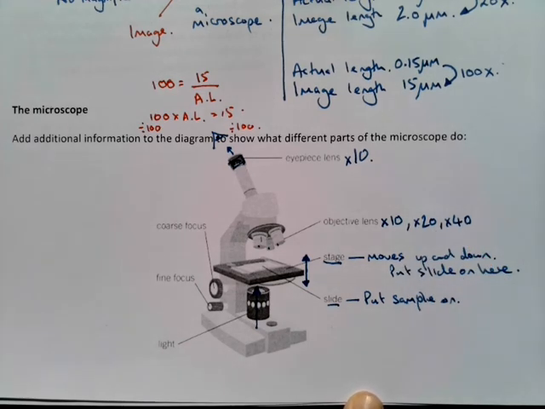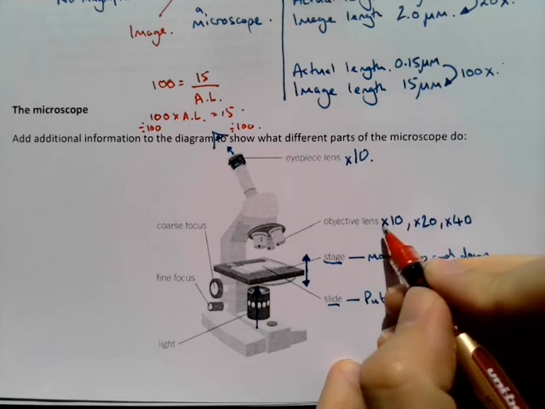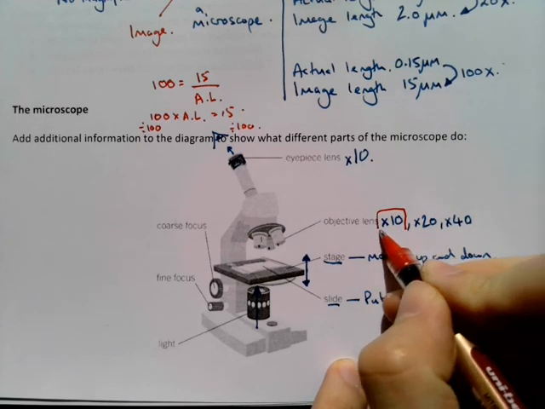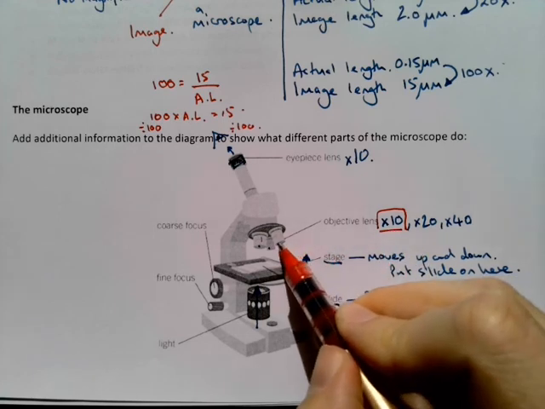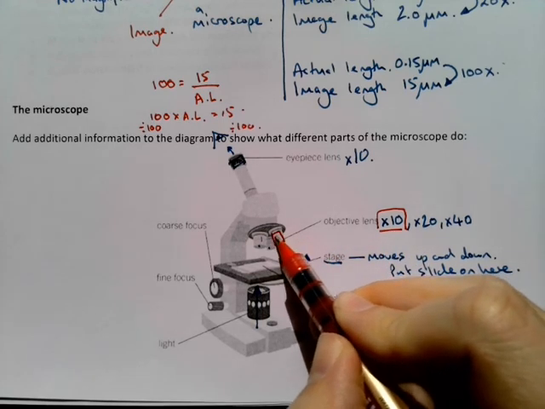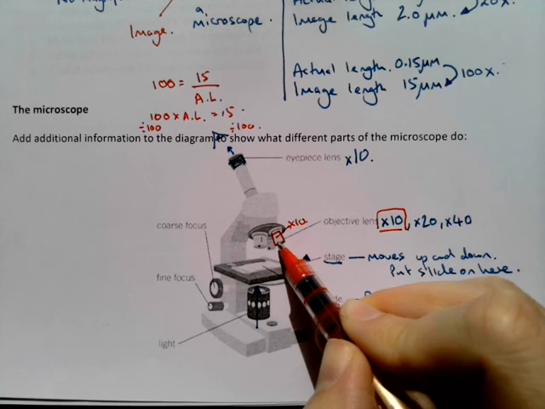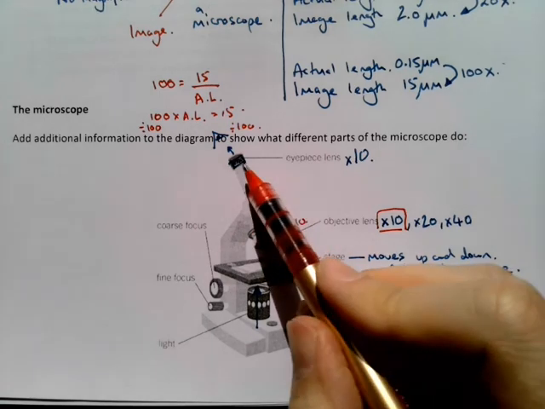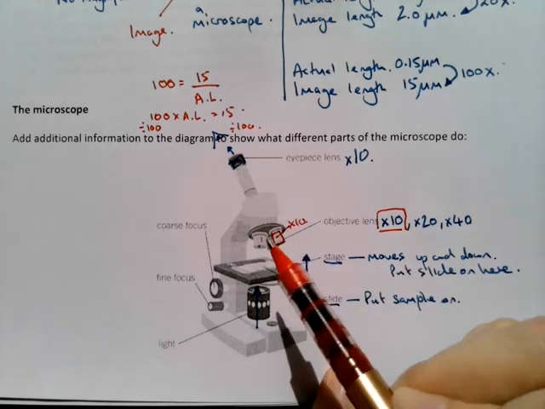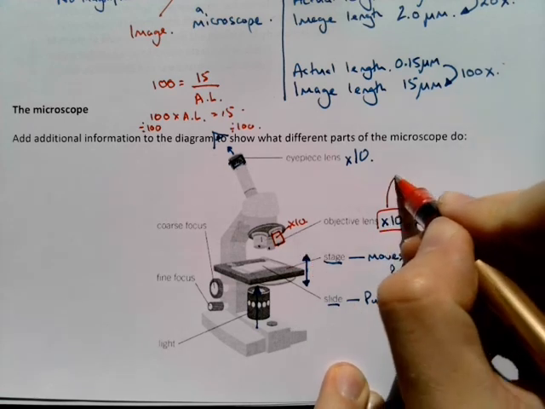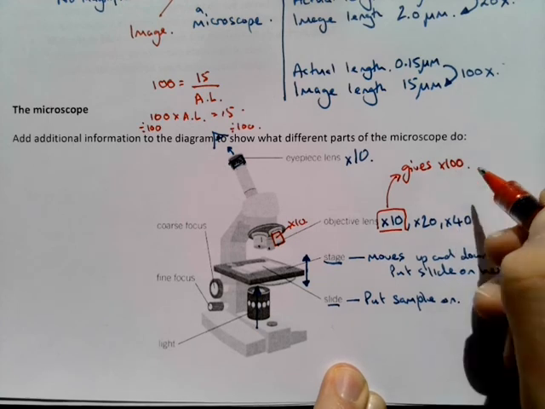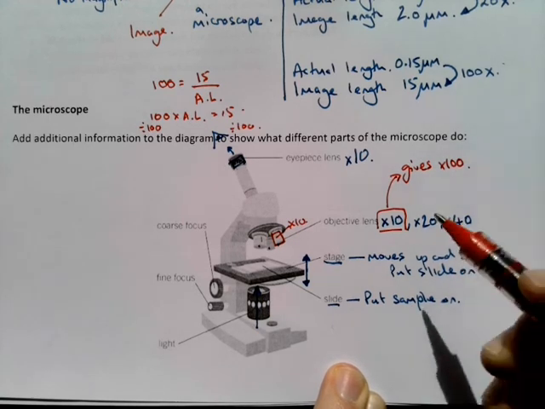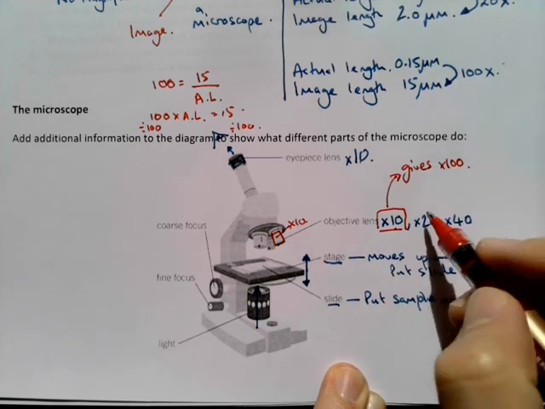But it's important to remember, if you're using the ×10 lens, your magnification isn't ×10. Let's say this here is the ×10 lens. You're going to get ×10 magnification here, but you also get ×10 magnification here, so that's going to give you ×100 magnification, because it gives you 10 here and 10 here.